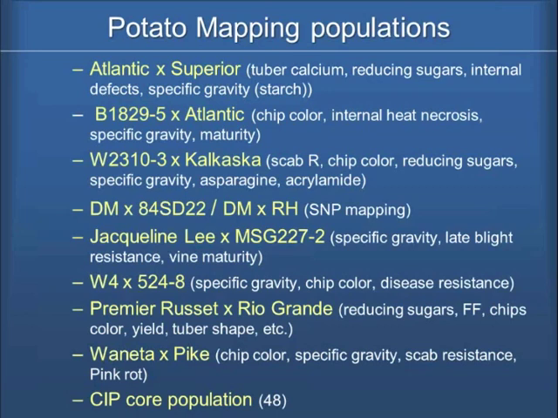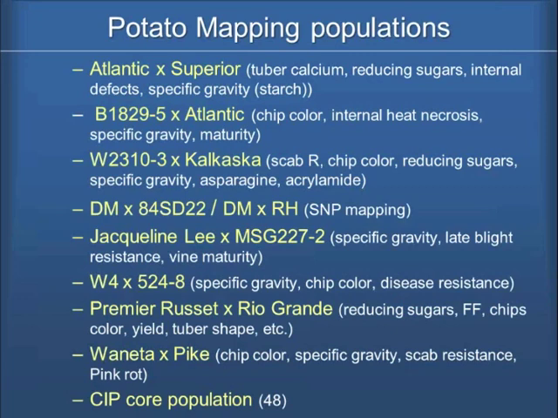And so on this list here are a number of other populations that have been genotyped by the SOLCAP group. Plus, I actually included some of the ones that I've done myself. So we have Atlantic by Superior, which is supposedly a chip processing cross. We've got B1829-5 by Atlantic, which is out of Craig Yancho's population out of North Carolina.